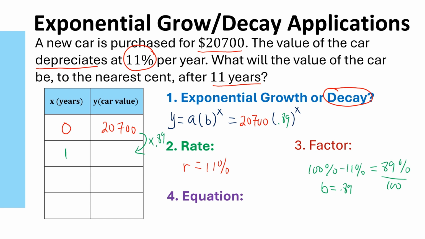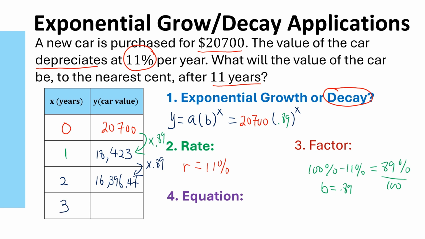So 20,700 times 0.89 gives you $18,423. And to get the value for the following year, again, you're only keeping 89% of it because you're losing 11% of that value. So that's going to give you $16,396.47.